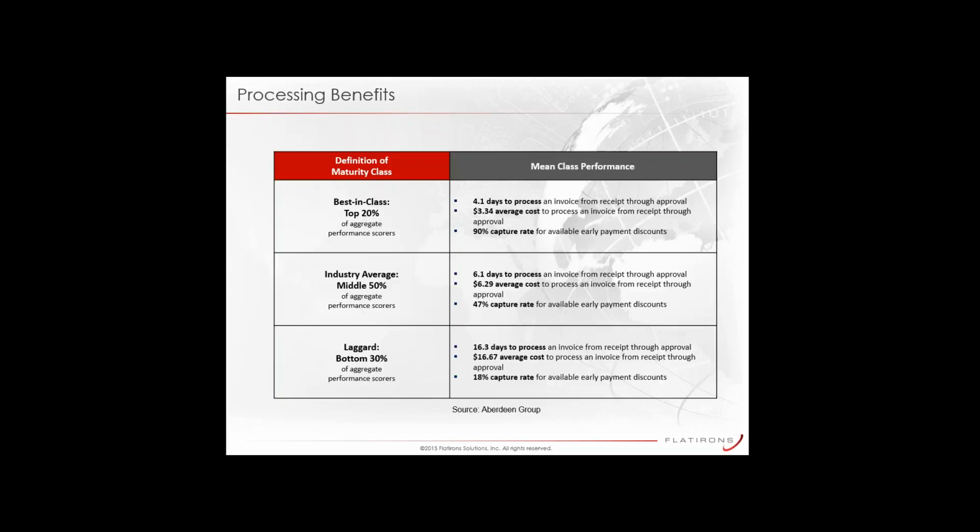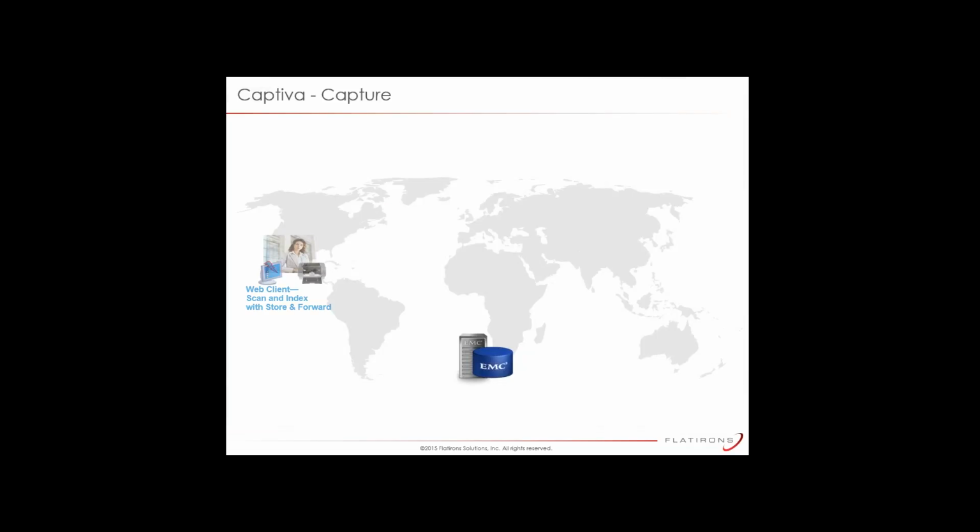We do see, however, a great difference in the amount of time and money it takes to process invoices between people who apply technology to digitize and to automate the process versus people maybe in the middle that only do some basic digitization and use some basic automation. And then obviously the ones on the top use both digitization and automation to significantly reduce the time it takes to process a particular AP transaction.